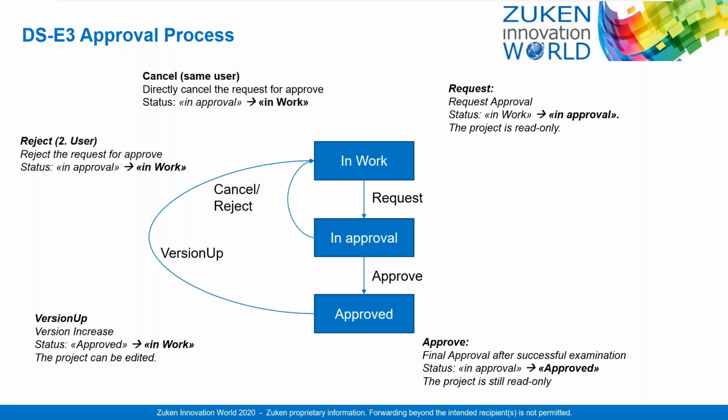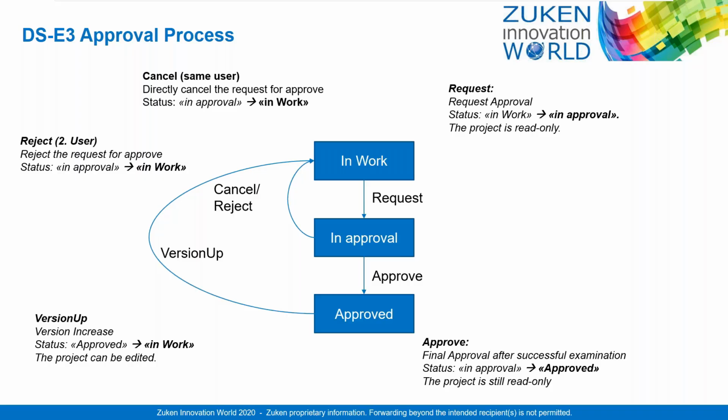There are 2 other actions that are available to you within that standard workflow. The first is the cancel. The cancel request is typically done by the user. So this is where they will cancel the request because they suddenly realize a mistake, and that moves the document back to in work, and they can make the change and then put the request back in.